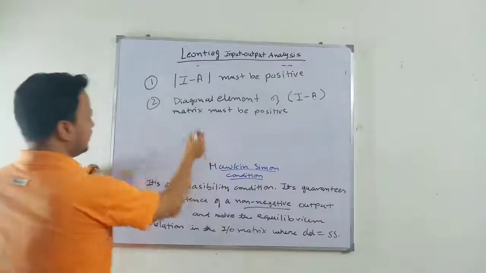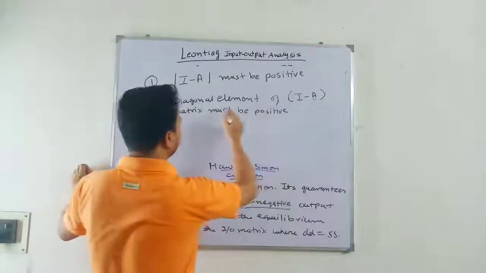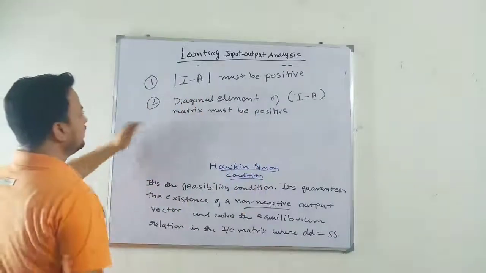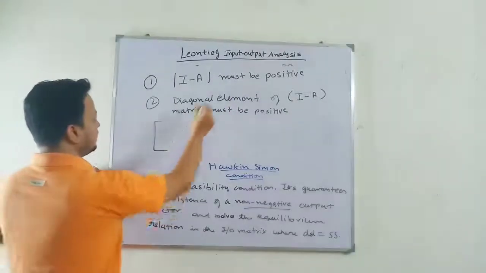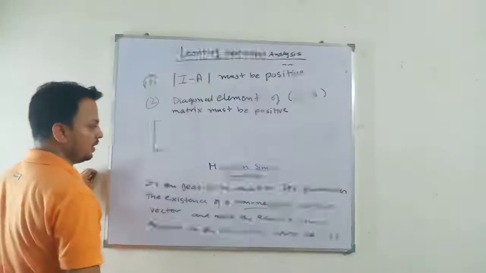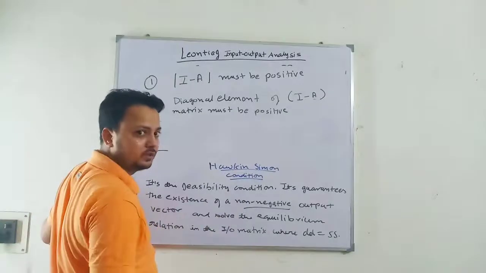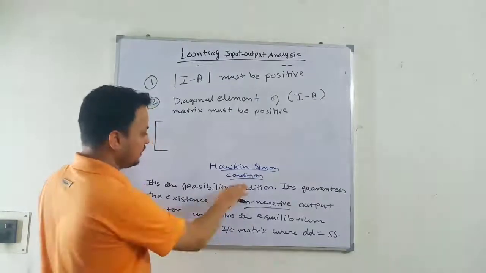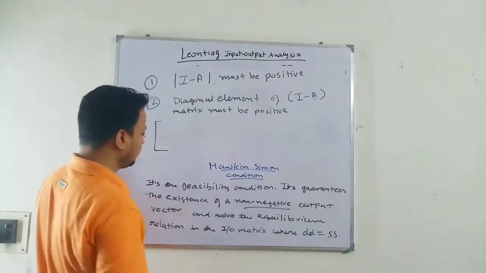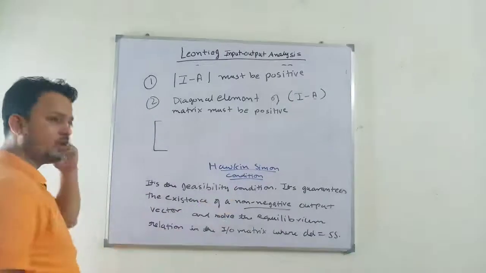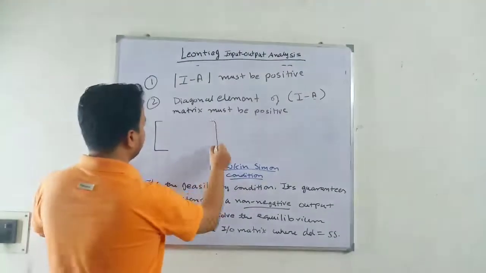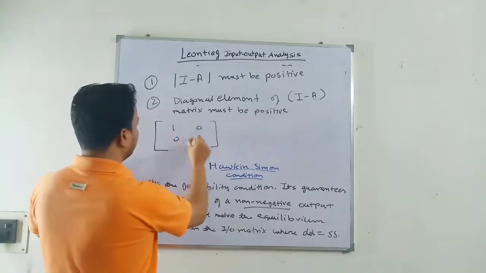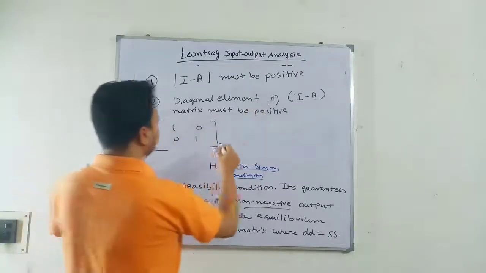So let's elaborate on this. This is clear, right? The determinant of I minus A must be positive, and if it comes out to be negative, then we cannot have a solution. This gives us the feasibility of the solution and the existence of a non-negative output in our input-output analysis. So this is your 1 0 0 1, your identity matrix.